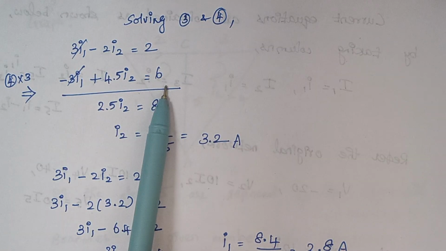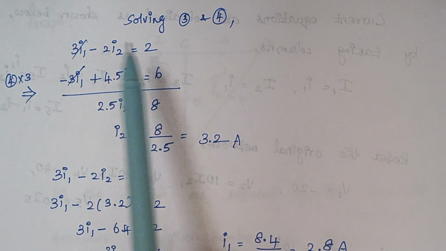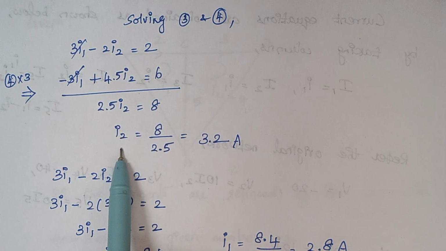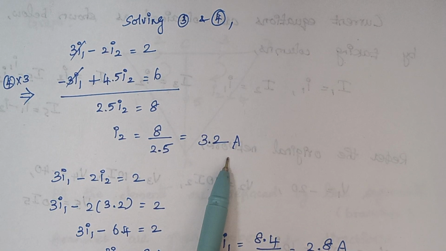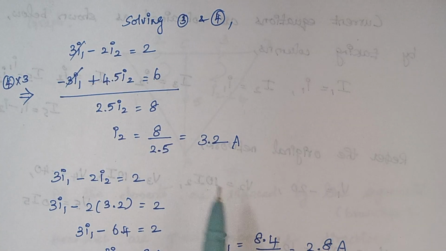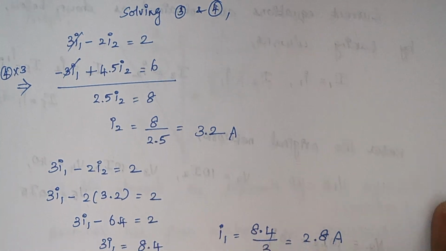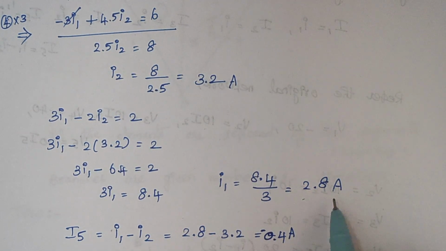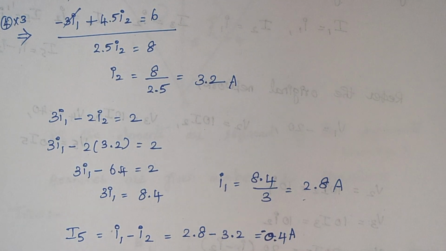So I am getting this value. So I1 gets cancelled and here I have 2.5 I2 is equal to 8. Therefore, I2 value is 3.2 amps. Once you substitute this value in any of these equations, either in 3 or in 4, we get the value of I1 as 2.8 amps. So the values of loop currents I1 and I2 are calculated.